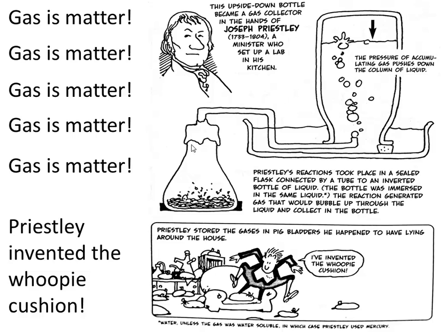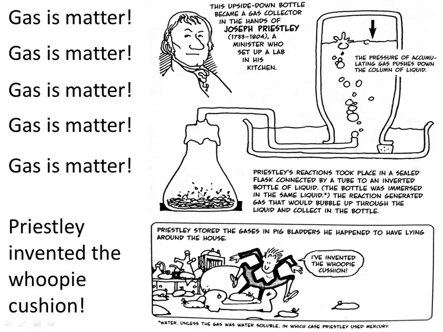He studied early chemistry and made some different apparatuses, and he figured out that gases are matter. He had an upside down bottle, and a tube connecting it to a sealed Erlenmeyer flask with some chemicals inside.